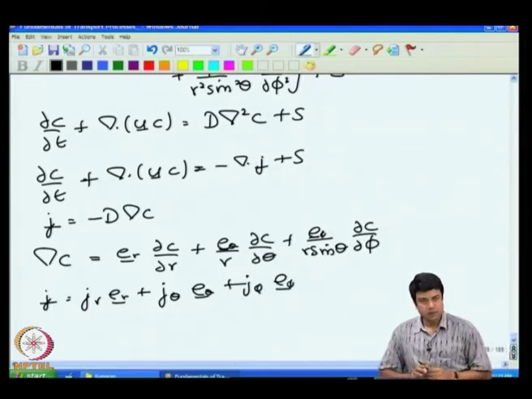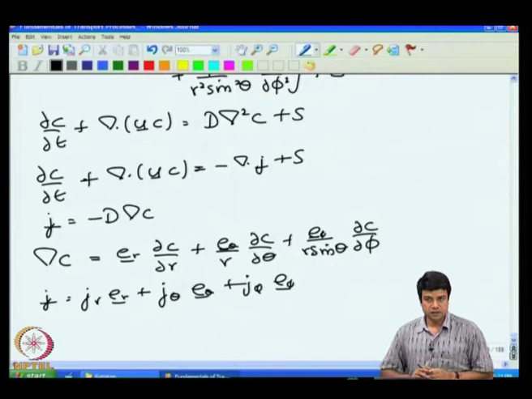J vector is written as the sum of its components in the r, theta and phi directions. The gradient operator is written as er times partial by partial r plus E theta by r partial by partial theta plus E phi by r sin theta partial by partial phi.